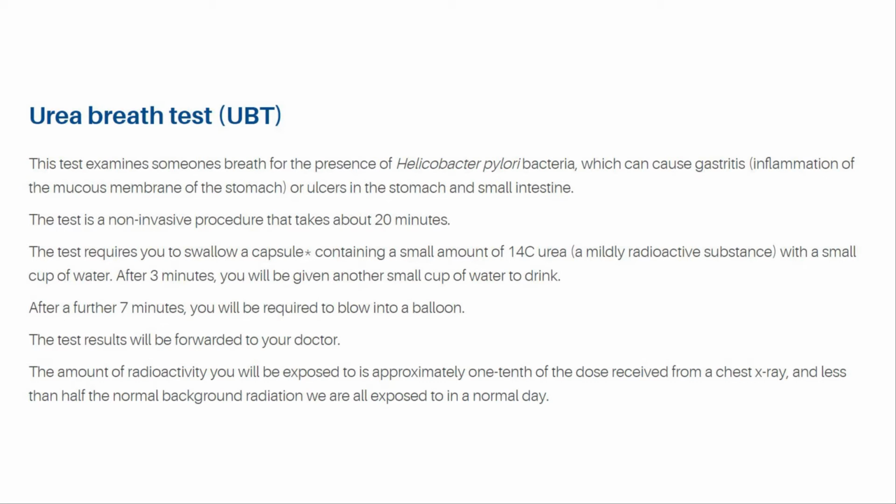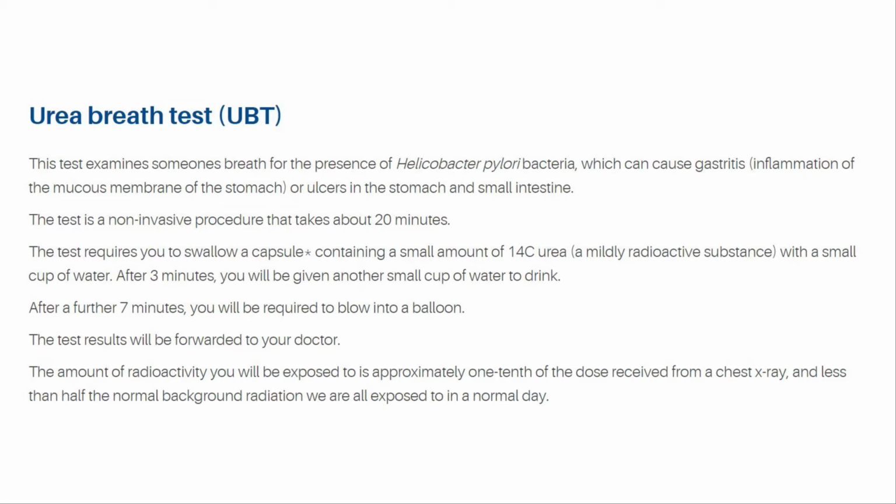And you should be aware of the urea breath test for Helicobacter pylori. What basically happens is it takes about 20 minutes. You take a capsule of radioactive urea, and then the Helicobacter have an enzyme called urease, which will break down that urea, producing radio-labeled carbon dioxide because it uses the same carbon that was in the urea.